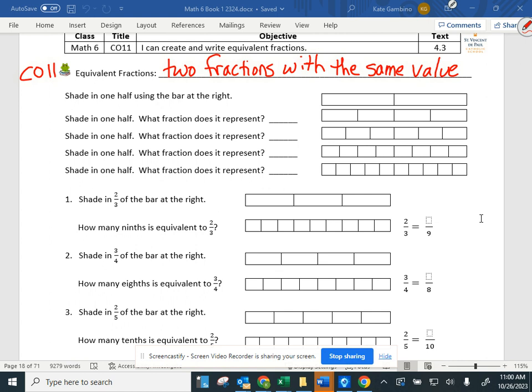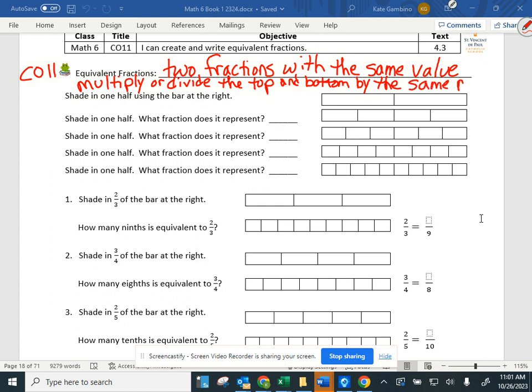So when we get to the test and it says, are these equivalent fractions? And you go, oh, wait a minute, what's an equivalent fraction? You know that you need to multiply or divide the top and bottom by the same number.